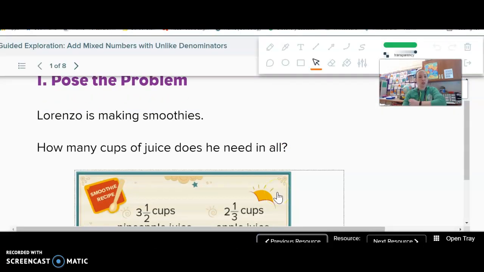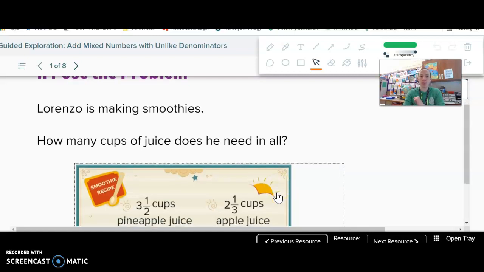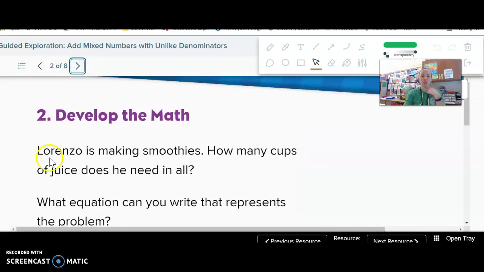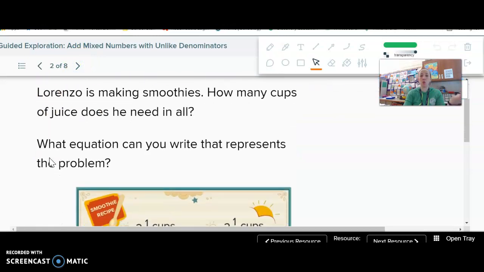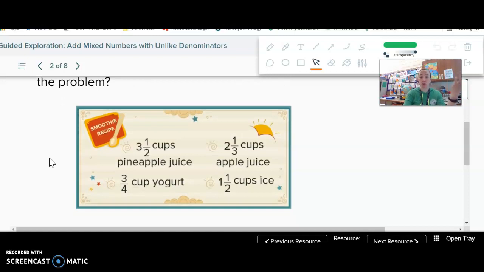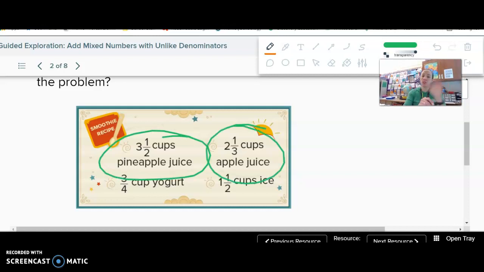Lorenzo is making smoothies. How many cups of juice does he need in all? So, we have this recipe. How many cups of juice does he need? So, what equation could we write? Well, I do have to do some careful reading because it's asking about juice. So I need to look and say, oh, juice, juice. The other one's ice and yogurt. They're not asking about that.